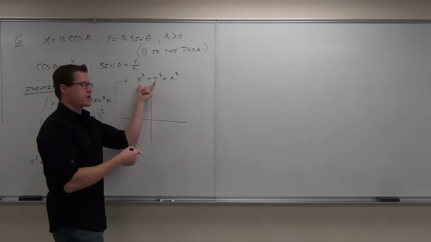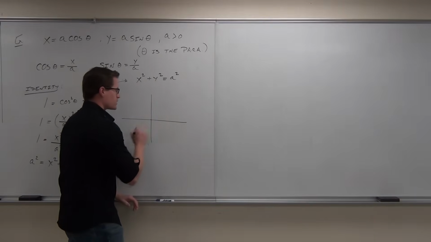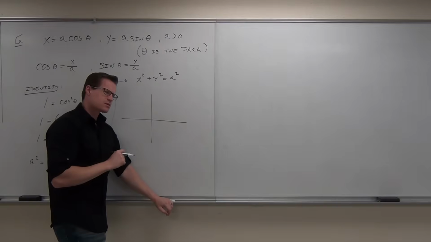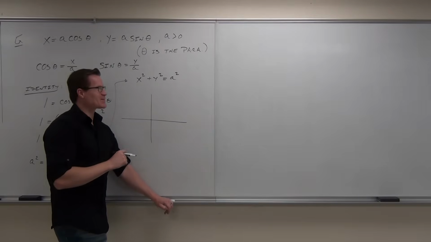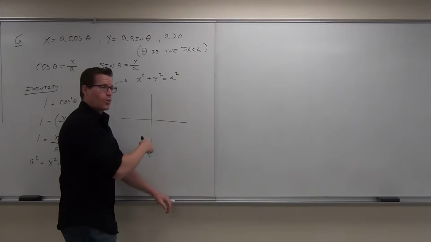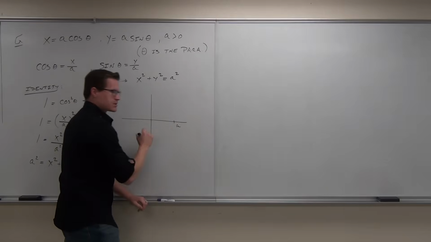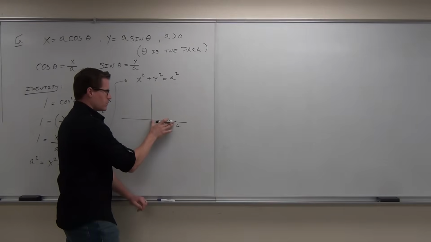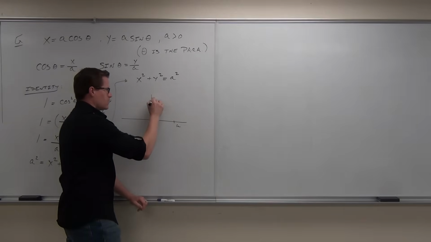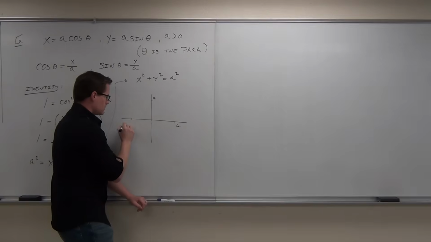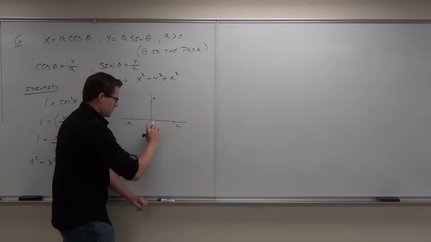So in our case, we're not shifted at all. The center's at 0, 0. Again, how much is the radius? It's not 2. How much is the radius? It's a. So whatever my circle looks like, it's going to go out to a, and it's going to go up to a, and it's going to go left, negative a, and down.